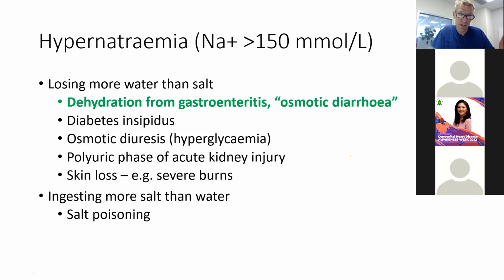And if you give that to a child, or another one that sometimes is used called Polyjewel, or a hyperosmotic solution that's got lots of glucose in it, then that will cause the loss of water, and that will lead to hypernatraemic dehydration. There's a few other conditions that can lead to hypernatraemic dehydration as well. And sometimes children get it because they're ingesting more salt than they are water.